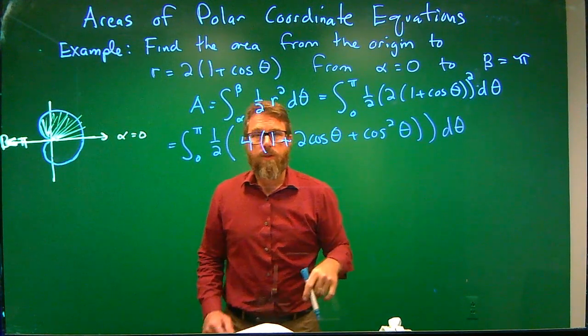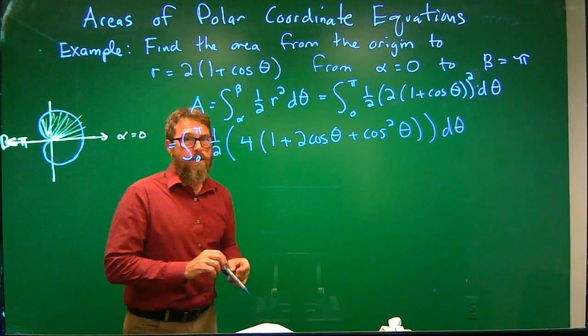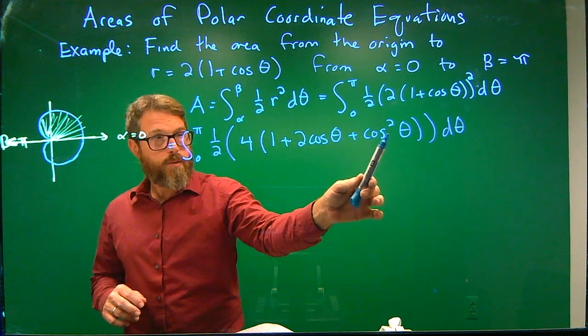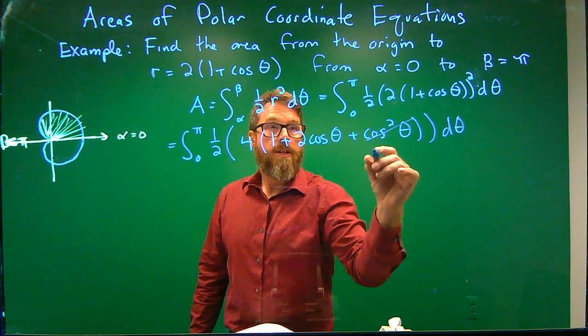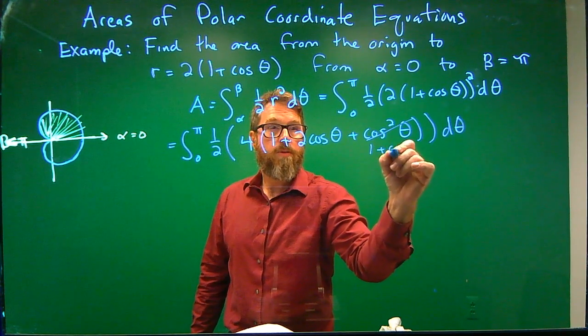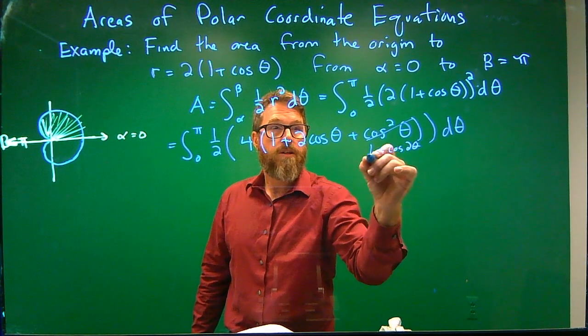With polar coordinates, we tend to have to integrate this cosine squared, so we have to use the trig identity 1 plus the cosine of 2 theta all over 2.